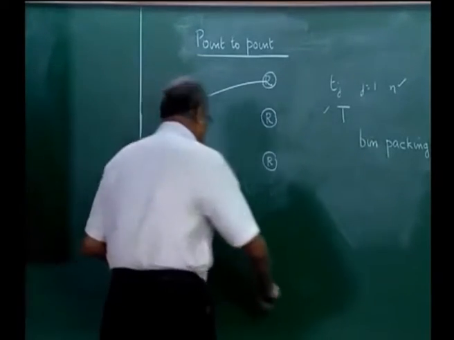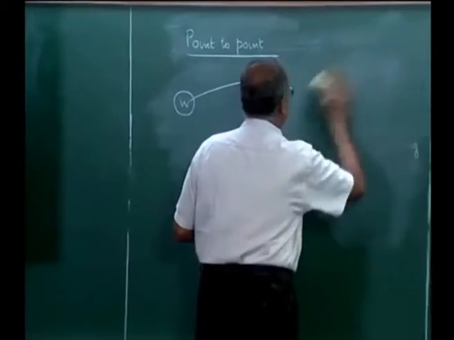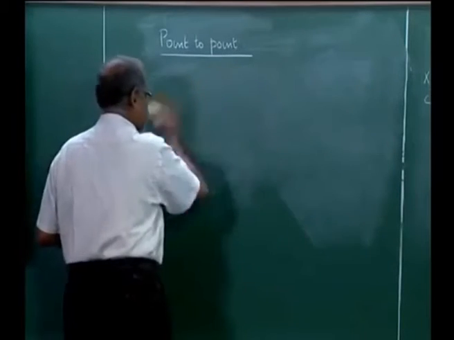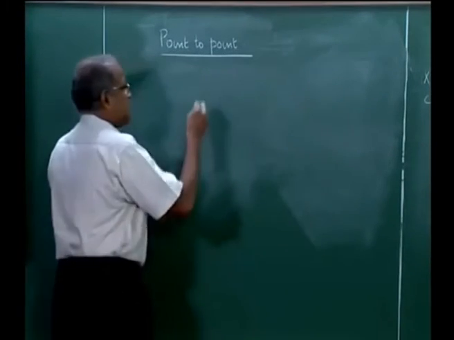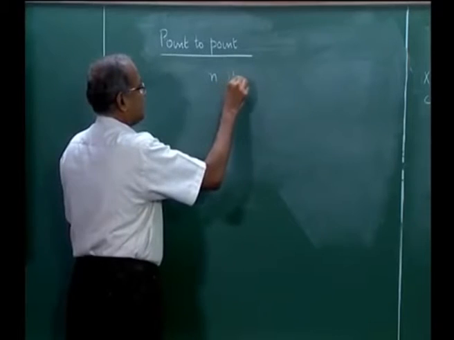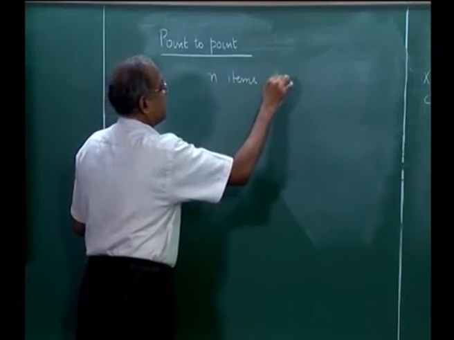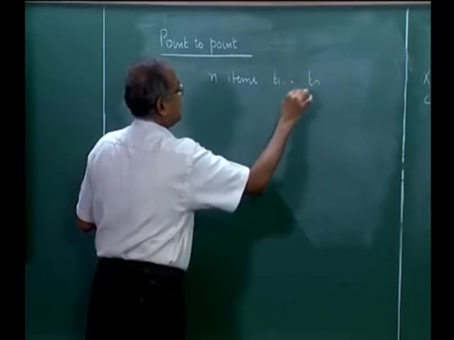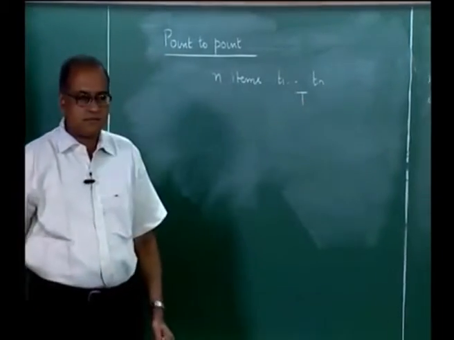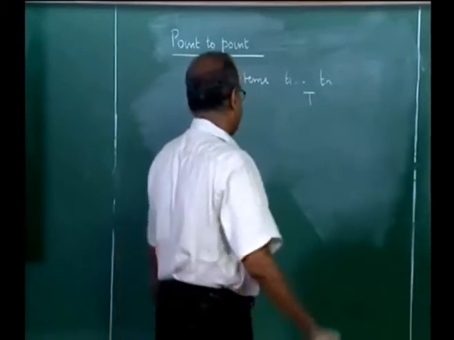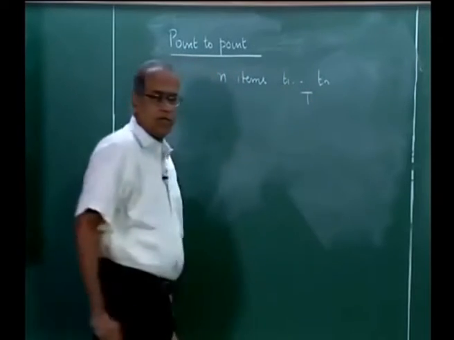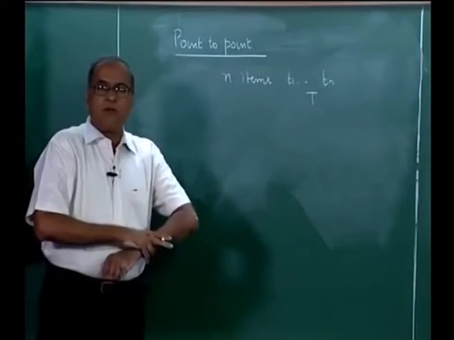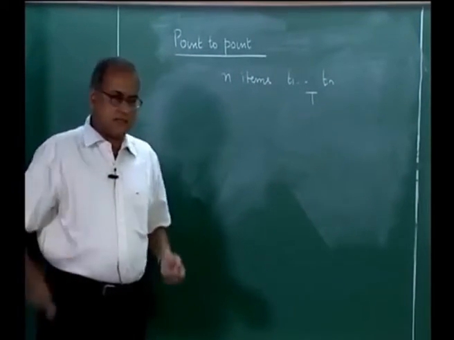So, the formulation of the one dimensional bin packing problem will be like this. Now, we are going to assume that there are n items with values t1 to tn, and there is a bin with length T where we need to put them in. Now, we want to minimize the number of bins.